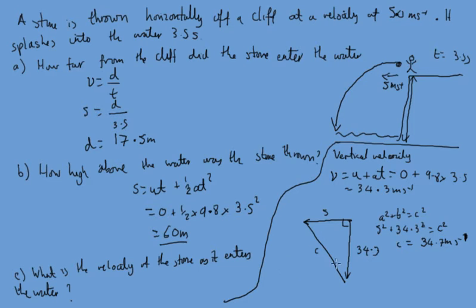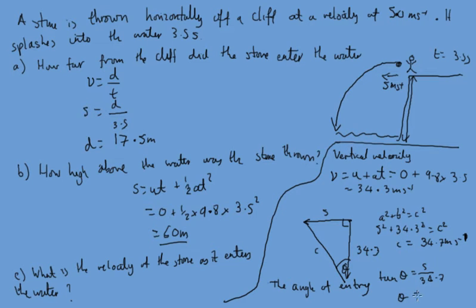And we can calculate the angle of entry, which is going to be this angle here, theta, which is worked out from the tangent of theta is 5 over 34.7.